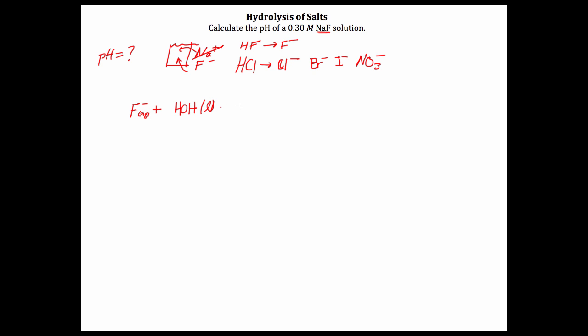As a result of this reaction, I end up with HF, the weak acid, coming back, and more importantly, that hydroxide. Because this hydroxide is forming, that's going to dominate the pH. Whenever you have the hydrogens or hydroxides by themselves, they definitely dominate everything. So on this problem, I'm going to have an equilibrium, with a weak acid forming from the conjugate base.